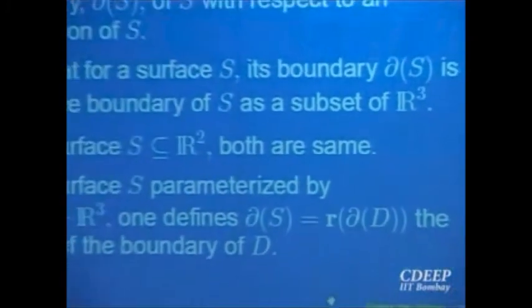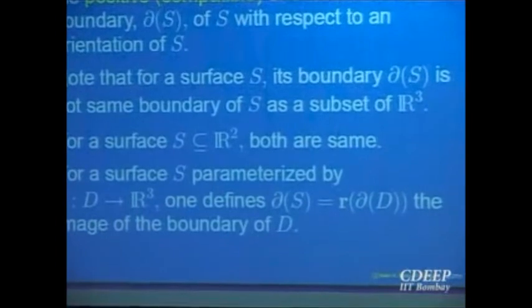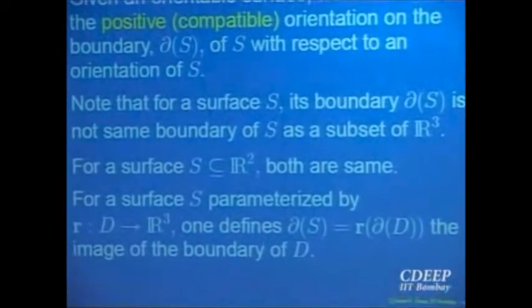Let me give you some examples to illustrate this once again. In R2 the boundary is the same as the boundary points: look at the points which are inside, and every neighborhood intersects inside and outside.